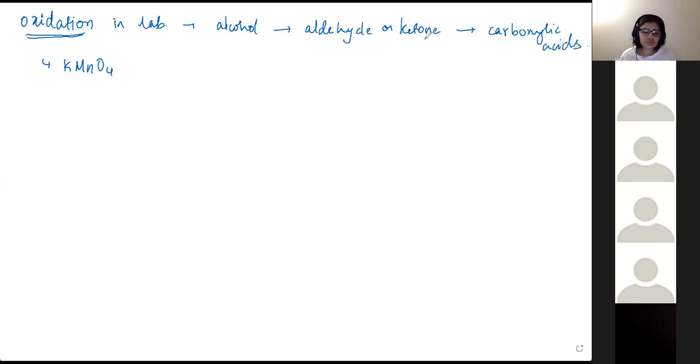Ketones also do to some extent, but whether you're going to get alcohol, aldehyde, ketone or carboxylic acid is going to depend on the reaction conditions of KMnO4. So reaction conditions means the concentration of KMnO4, and whether you're taking it in an acidic medium or alkaline medium. That sort of stuff.